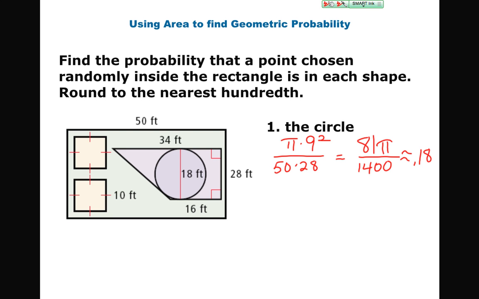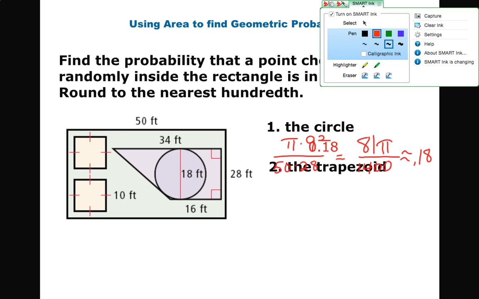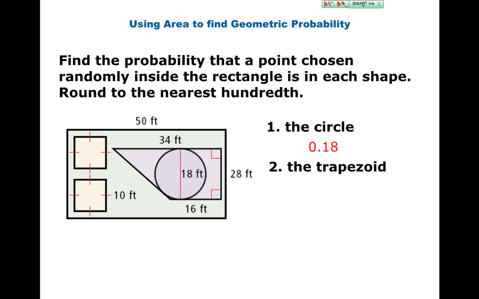Questions over there? Anything? Nothing? Okay, all right. What's the probability that the point is in the trapezoid? In other words, if I were trying to hit the target, what's the probability I'd hit the trapezoid? Find the area of the trapezoid, everybody. Time for you to work, not me. Find the area of the trapezoid.